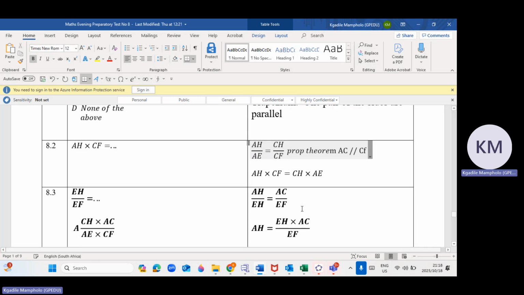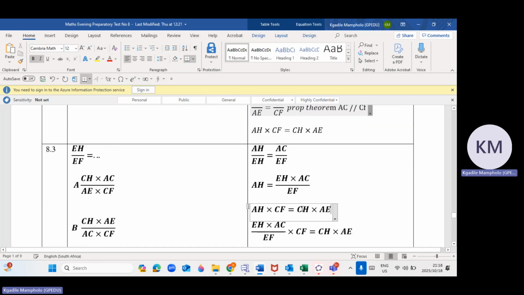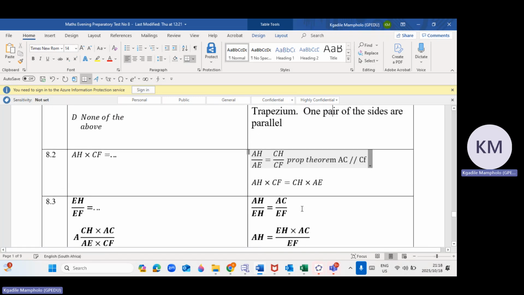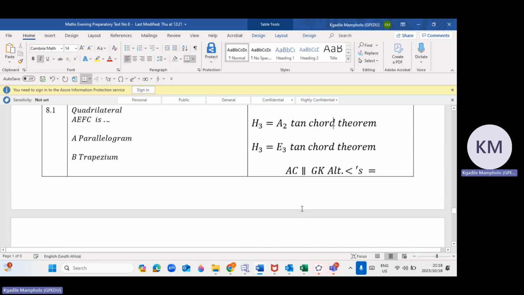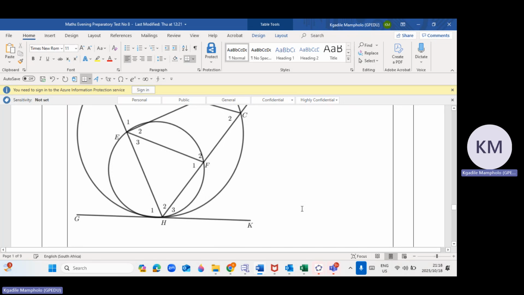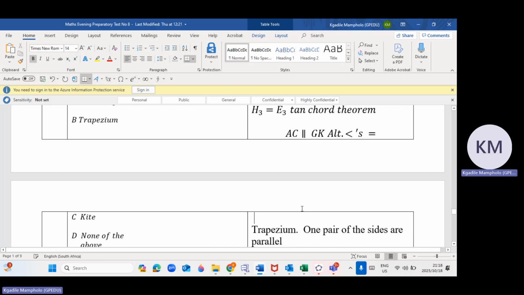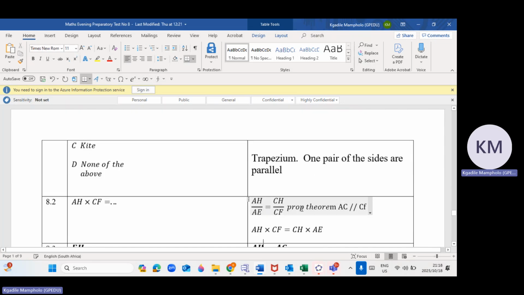We found the first one in 8.2 using the proportion theorem. Now we come again and say AH over EH is equal to AC over EF. AH over EH is equal to CH over FH.